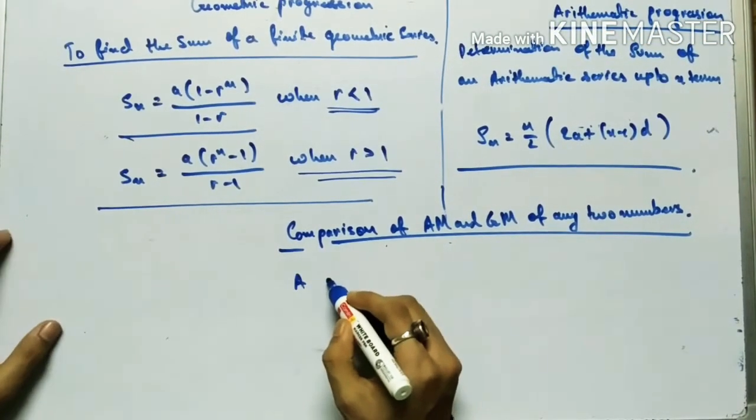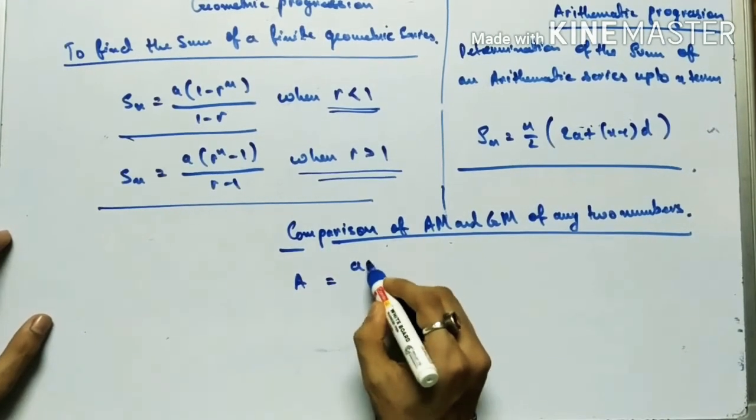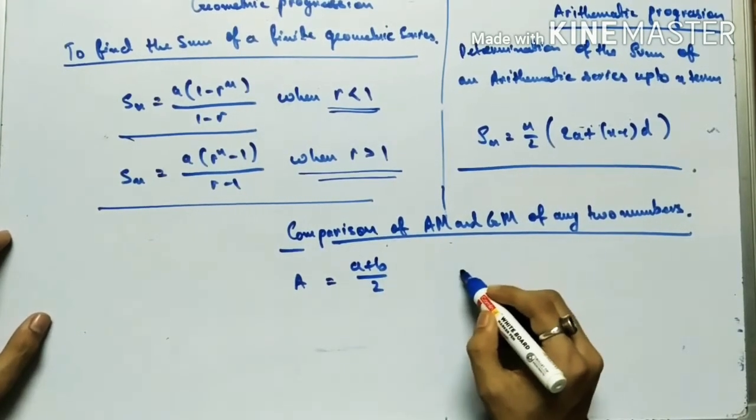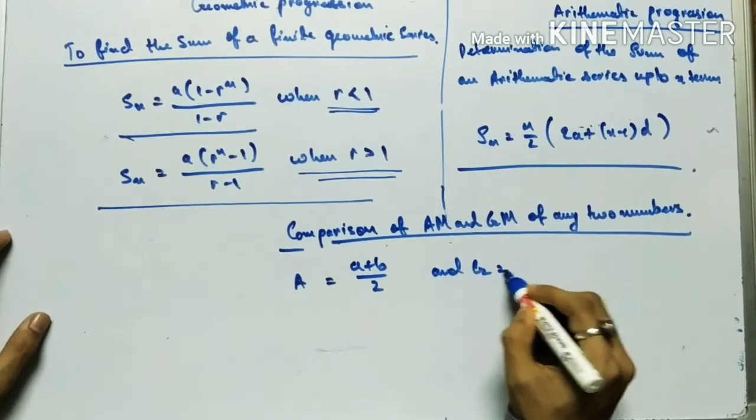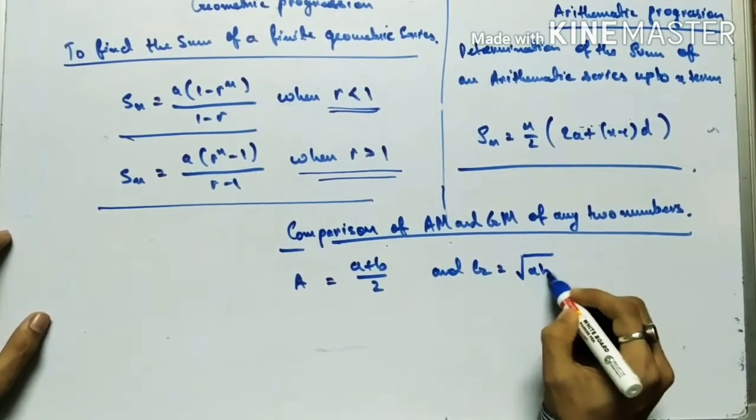Now the arithmetic mean of any two numbers is given by (a plus b) by 2, and the geometric mean of any two numbers is given by root over ab.